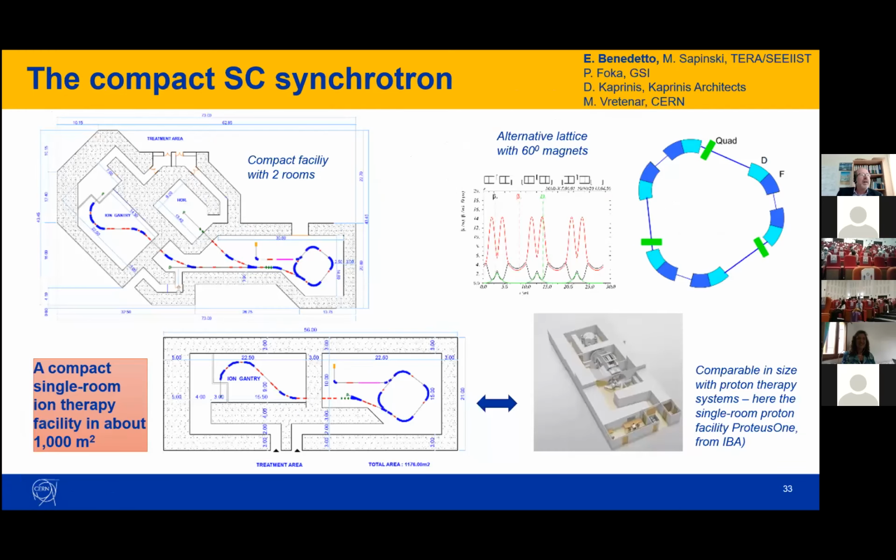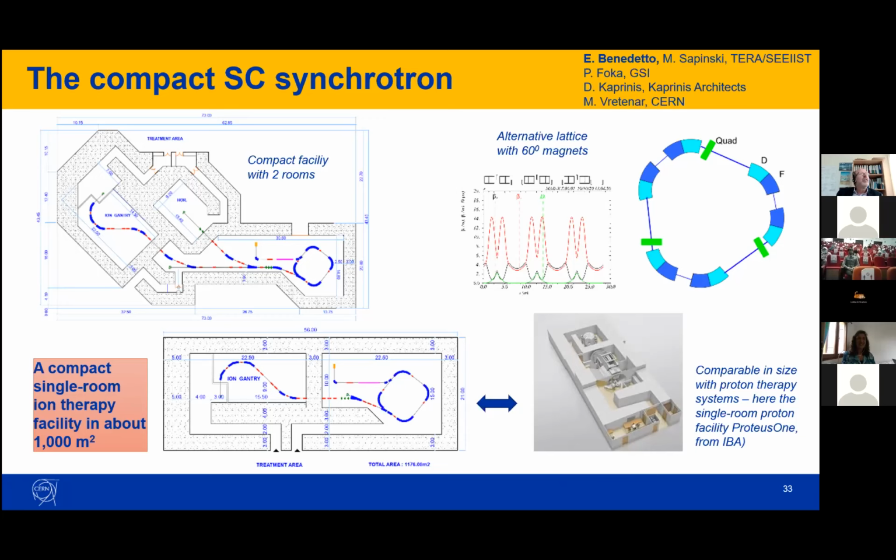Instead, the advantages of a superconducting synchrotron would be very clear if we make a single room, very small facility, operating only with a synchrotron, as you see here, and a superconducting one. In this way, you can keep the accelerator with all the shielding in about 1,000 square meters, which is comparable to existing proton therapy systems, and we really pave a new way for the application of ion therapy in every environment, including hospital environments.